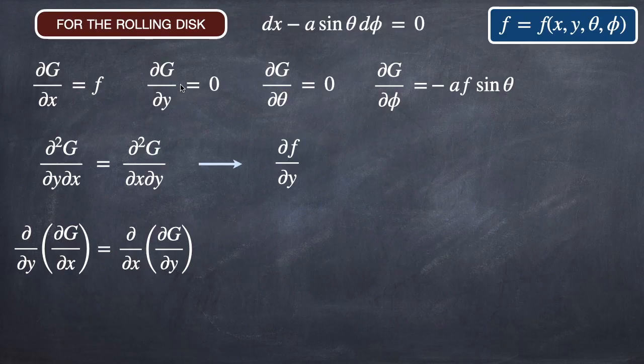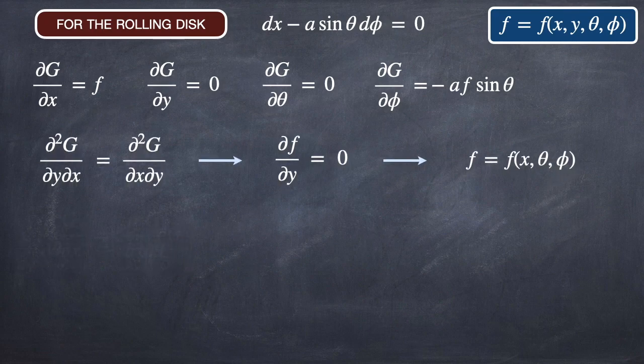So we will obtain del f del y, this quantity, is equal to 0. And then we know now that f has no dependence on y. So f a priori was a function of x, y, theta, and phi. But now we know that it is a function of x, theta, and phi.